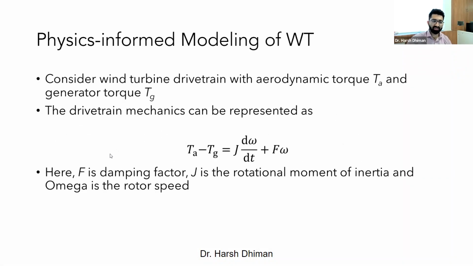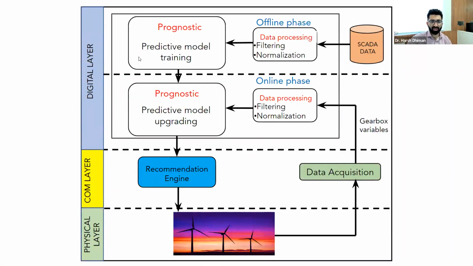And what we can use in our digital layer, as you can see here, is your predictive model, right? You can use different types of machine learning models. Nowadays people are using deep learning models because you want to extract meaningful features from your data. The main disadvantage of machine learning models is that you have to give features explicitly, whereas for deep learning models the features are extracted automatically.